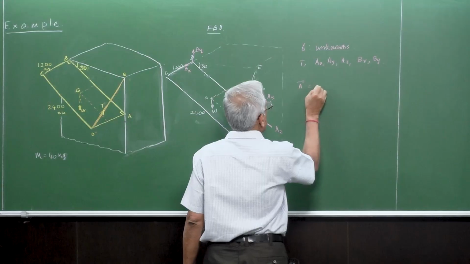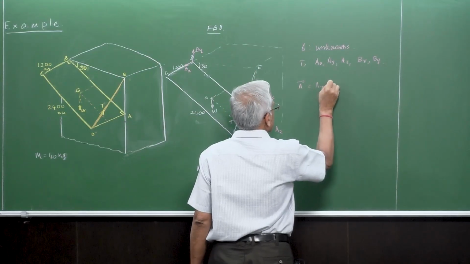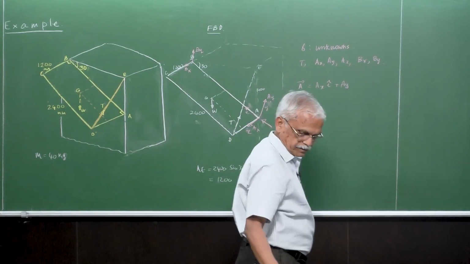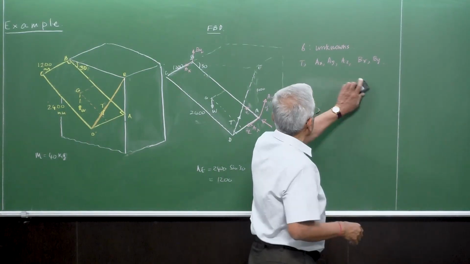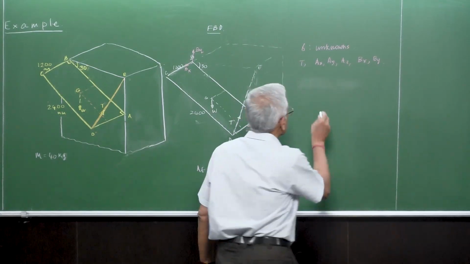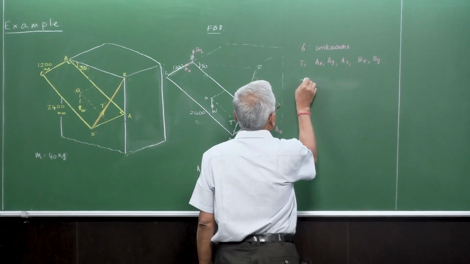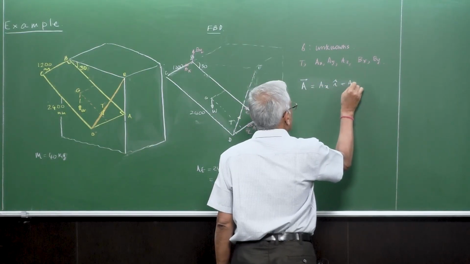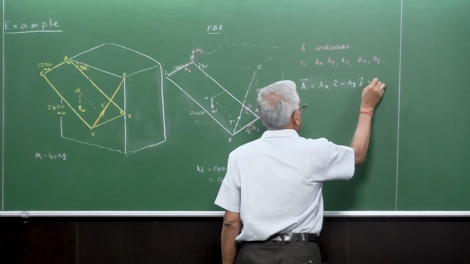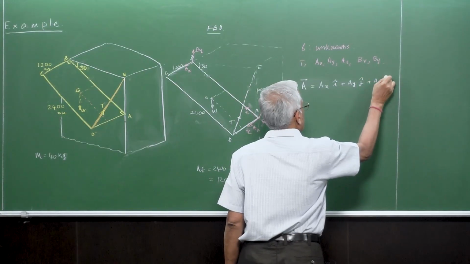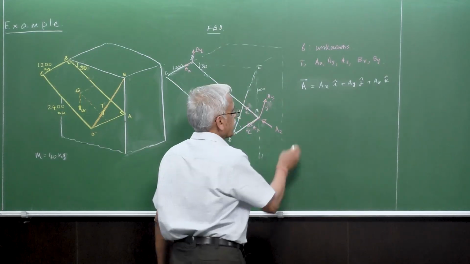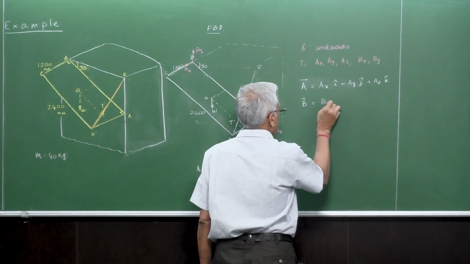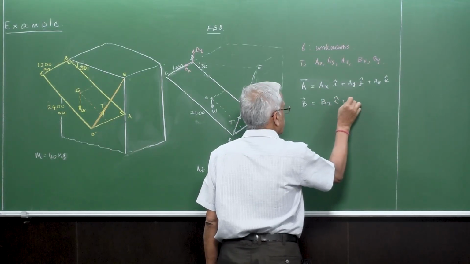A, you can write it as Ax i, and we are assuming that B has only Bx i.